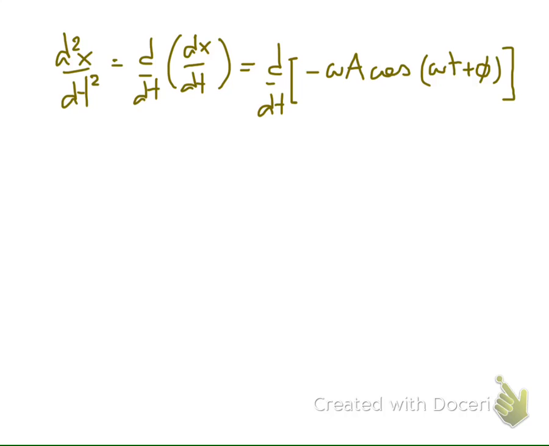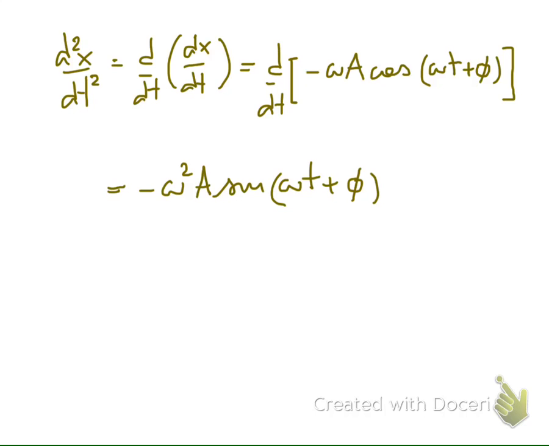We can do this again using the condition that omega, a, and phi are constants. It is very easy, and at the end we will have that the derivative is equal to minus omega square a cos(omega t plus phi).